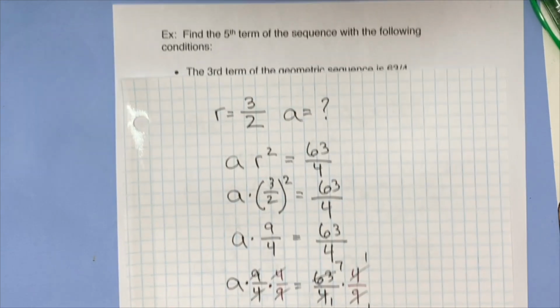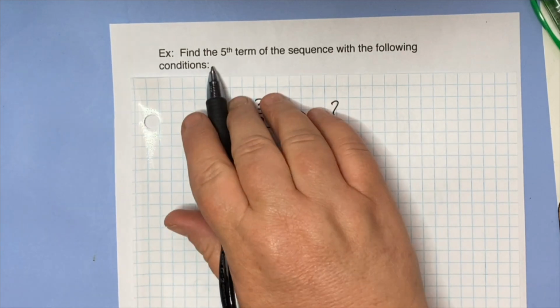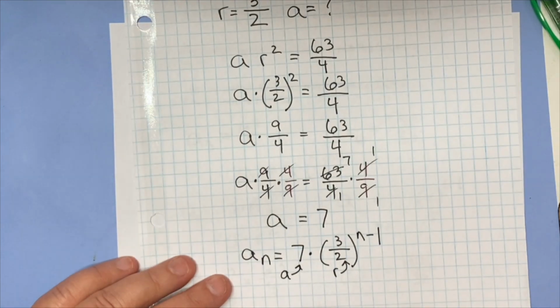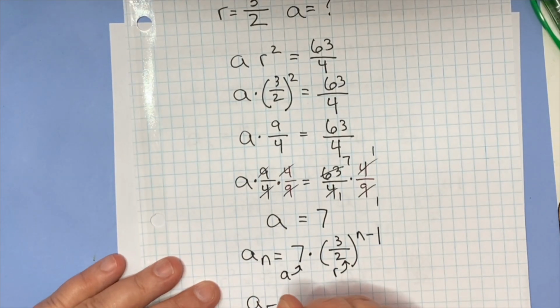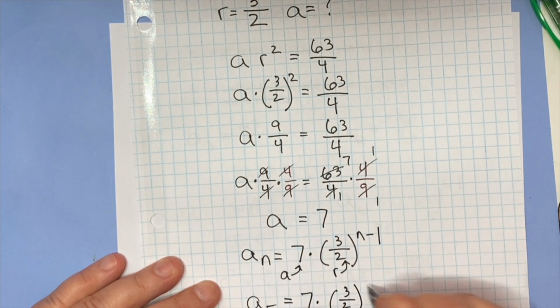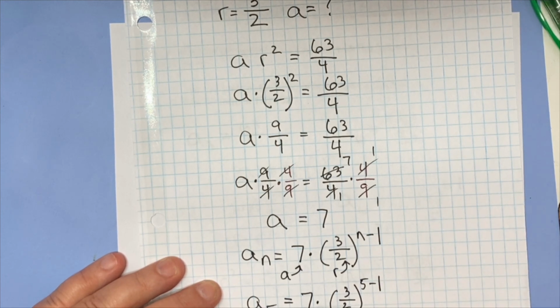If we go back to the problem, it says find the 5th term. So A sub 5 is 7 times 3 halves to the 5 minus 1. So that's going to be 7 times 3 halves to the 4th.